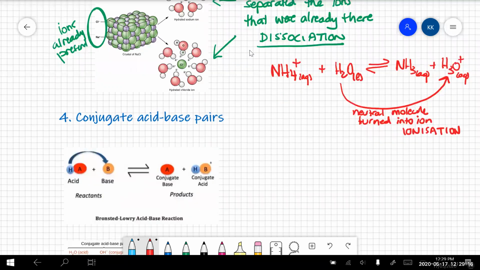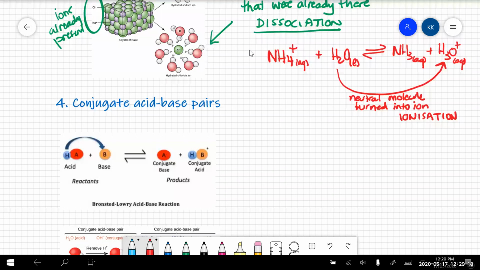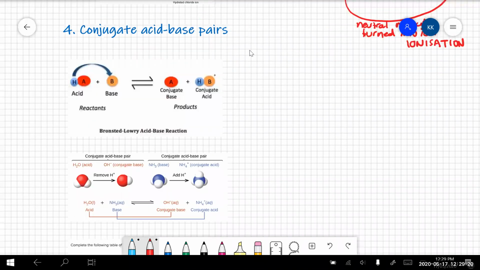Do you remember conjugate acid-base pairs? When an acid donates its hydrogen ion, the bit that's left is the conjugate base. And when a base accepts a hydrogen ion, then what's left is its conjugate acid.